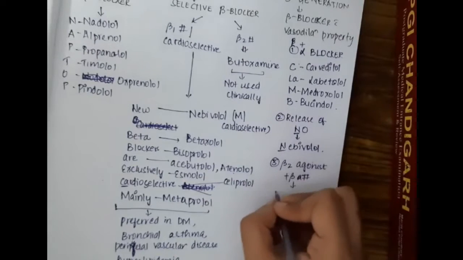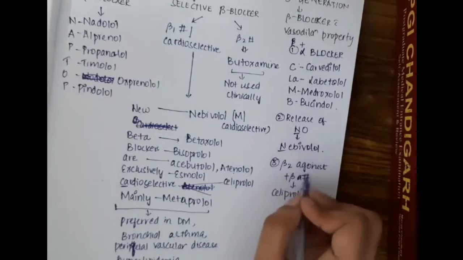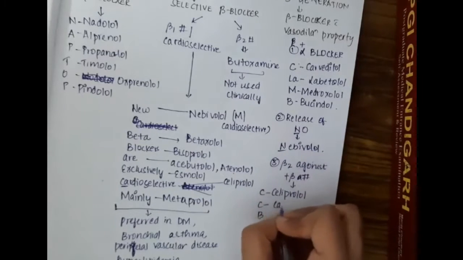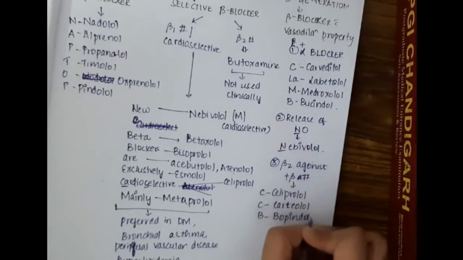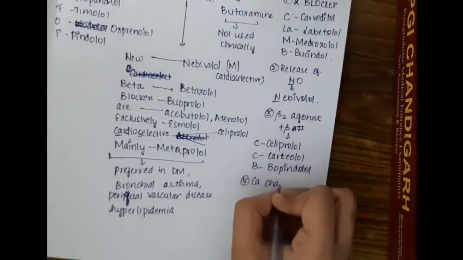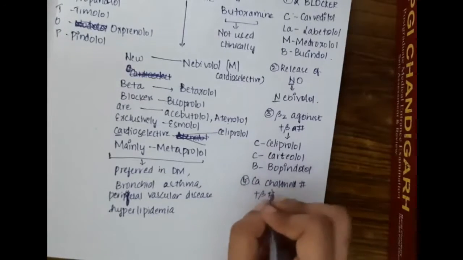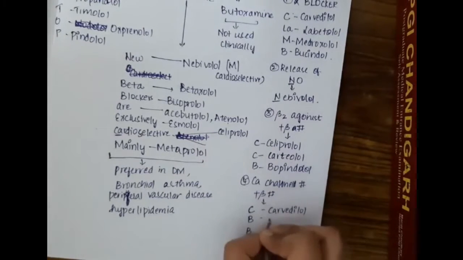Third, beta 2 agonist and beta 1 blocker, which includes CCB: celiprolol, carteolol and bopindolol. Then fourth, we have calcium channel blocker with beta blocking property. This is by the mnemonic CBB, which is carvedilol, bevantolol and betaxolol.